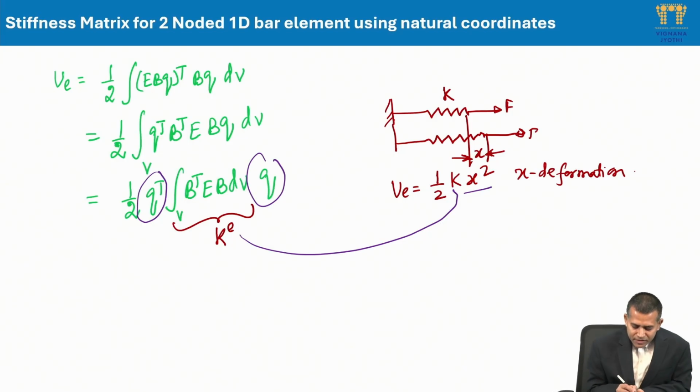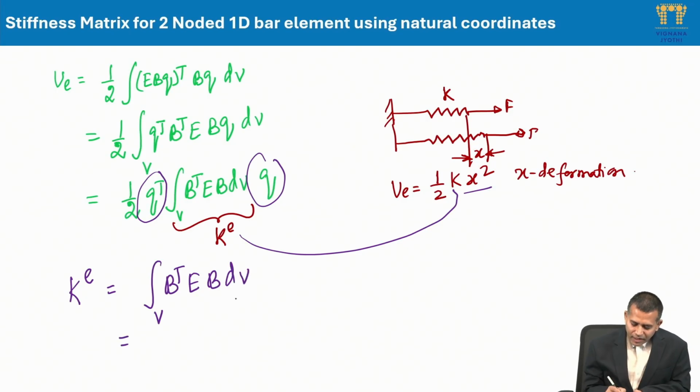In this way the element stiffness K is nothing but the volume integral of B transpose into E into B into dV. Since E is a constant, I can take it out, and this dV I can write as A into dx.